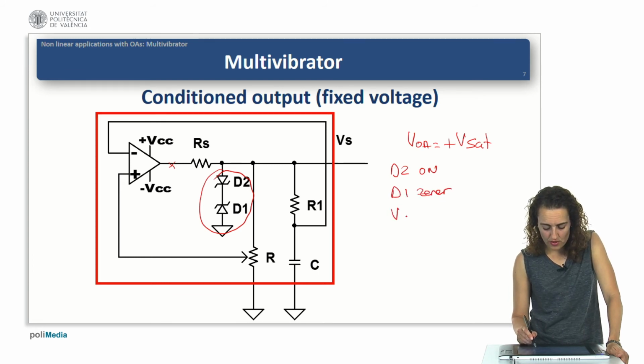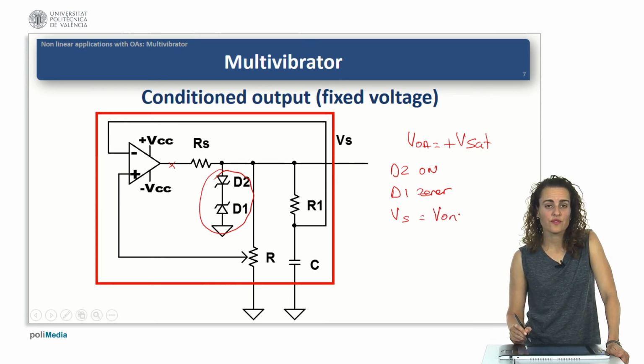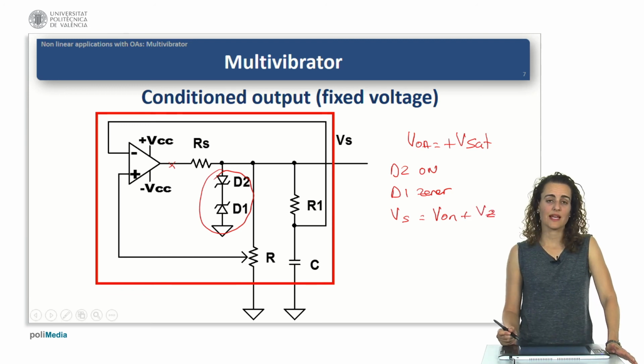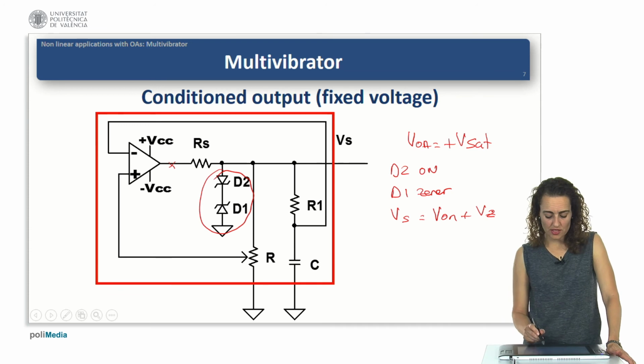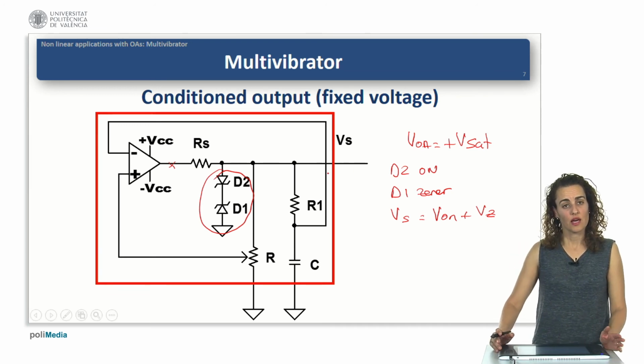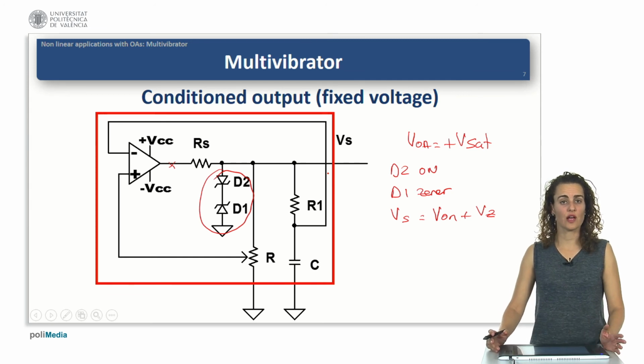So the output voltage will be the voltage of the diode plus the Zener voltage. That means that I can limit the voltage at the output. Instead of having plus 15 volts, for example, I could have 5 volts to have a TTL output, for instance.